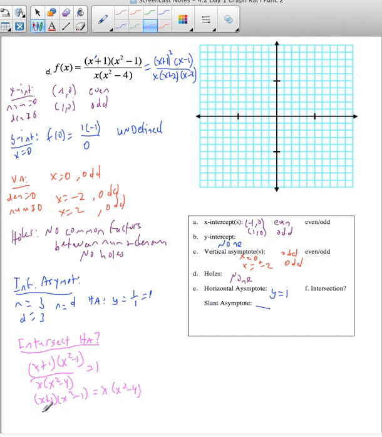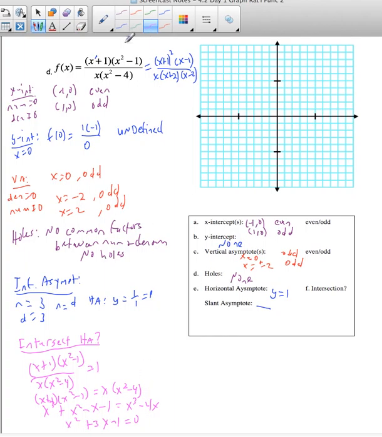And if we expand this, we're going to get x cubed plus x squared minus x minus 1 is equal to x cubed minus 4x. And combining like terms and putting everything on one side of the equation is going to give us x squared plus 3x minus 1 equals 0. The x cubed terms will subtract off.